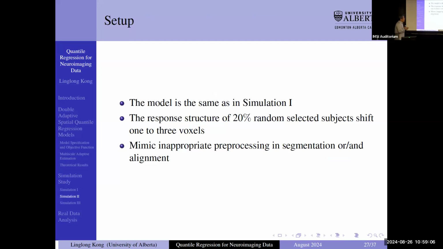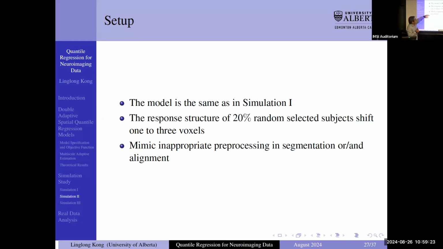Now, at the beginning, we said we are trying to deal with two things. One is the inconsistency of the pre-processing, and here we try to mimic that inconsistency.